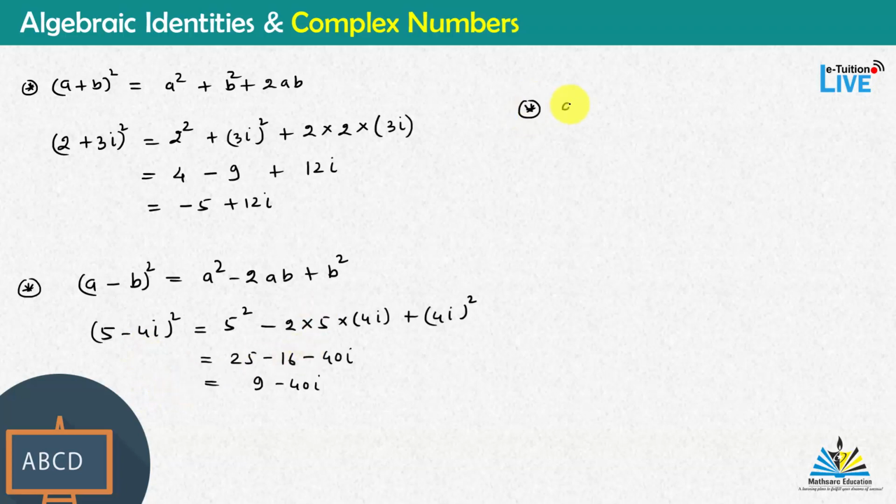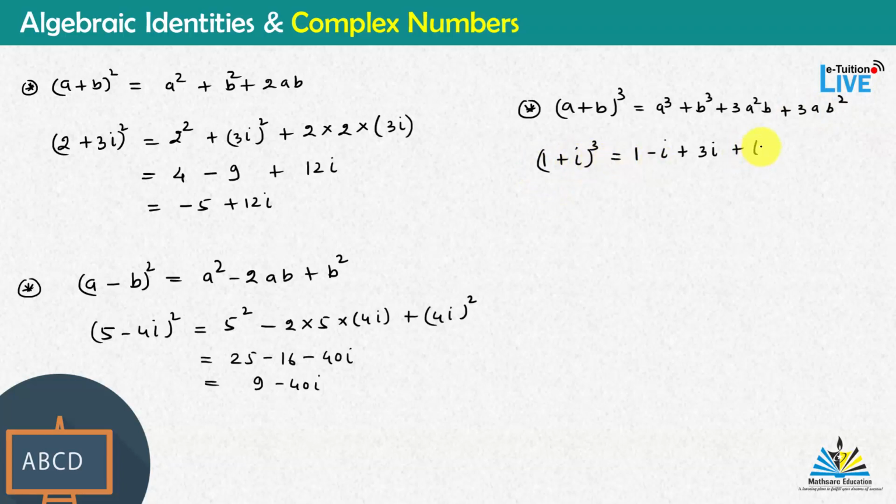We can even have the a plus b to the power 3 identity as a cube plus b cube plus 3a square b plus 3a b square. So if we have the complex number 1 plus iota to the power 3, then we can have 1 cube, that is 1, and b, that is iota cube, that is minus iota, and 3a square b is plus 3 iota, and plus 3a b square, that is 3 i square.